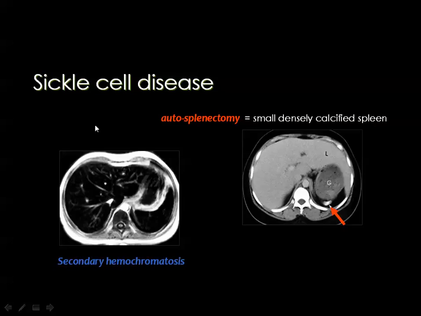And you know that the deposition of iron in the liver and in the spleen may lead to secondary hemochromatosis, and you know this by the marked loss of signal of the liver and spleen, and they compare this signal by the signal of the muscles. And you know that iron is not deposited in the muscle. If it is in the spleen and in the liver, you compare by the signal intensity of the muscle.